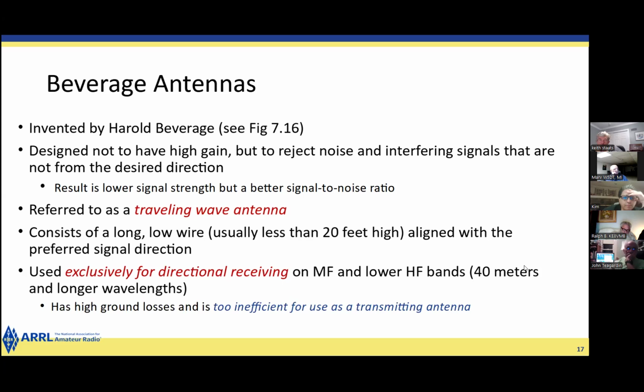So they're used exclusively for directional receiving on medium frequency and low high frequency bands like 40 meters, 80 meters, 160 meters. You've got high ground losses, and it's way too inefficient for using as a transmitting antenna.